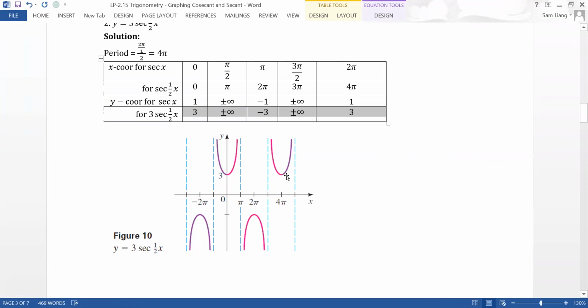At 4 pi, it's 3. And then in pink, that's the graph that you should get. And then we get the iconic frowny face for the secant graph. Okay, that's your solution to question 2 on the classwork.